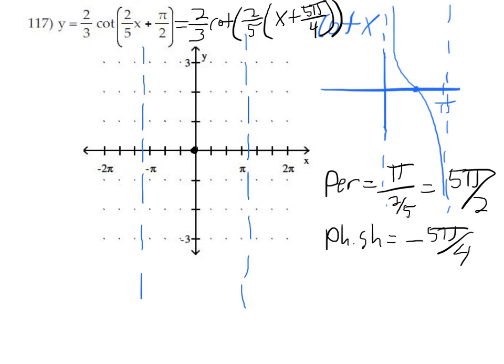And it's normally a decreasing function. If the coefficient is positive, this will be a decreasing function. We do have a positive coefficient, so this will be a decreasing function. So we can now sketch a decreasing function through there, and that completes this picture.